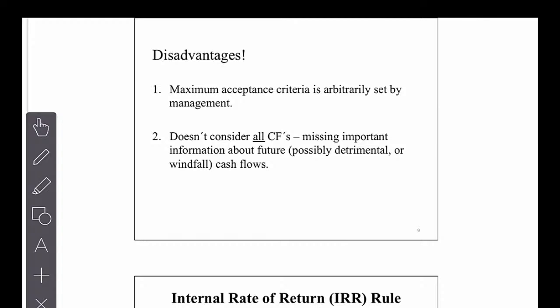This is all about presentation. This is about making arguments to people who might not understand finance. So that's the problem: the arbitrariness of this 2-year threshold, and the fact that you don't include in that calculation all the future cash flows.